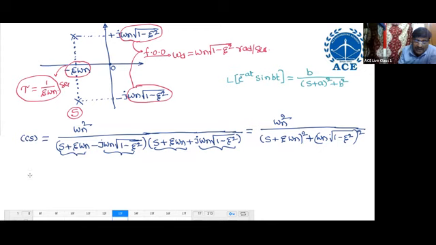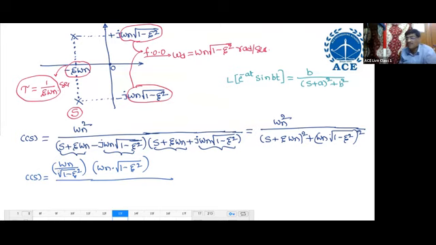For example, I can write C of s as omega n divided by root of 1 minus zeta square, and I can write omega n multiplied with root of 1 minus zeta square. Now if we simplify this, you will get omega n square only.